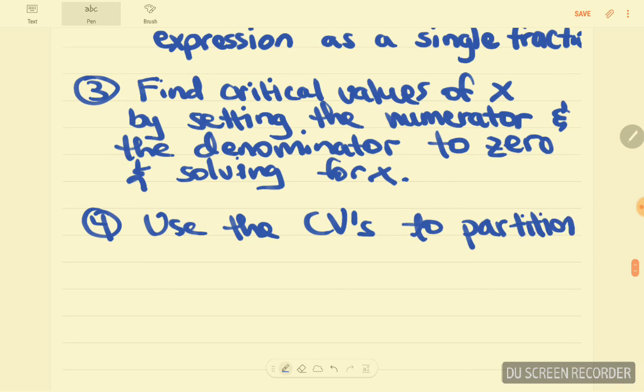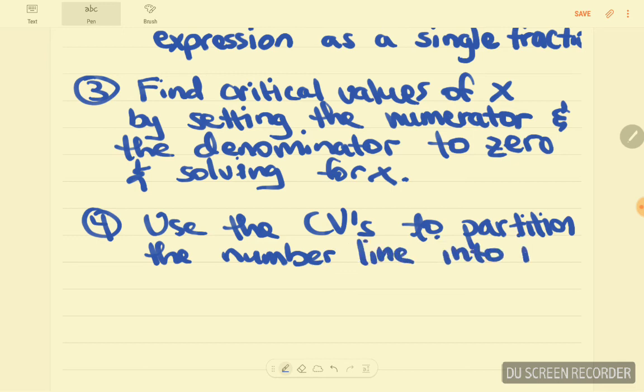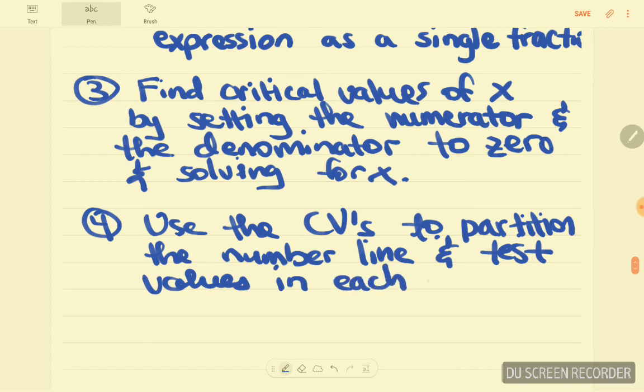The word partition means that you're going to use these critical values as dividers to partition the number line into intervals, or let me say it like this, to partition the number line and test values in each interval. Okay, those are the 4 steps.